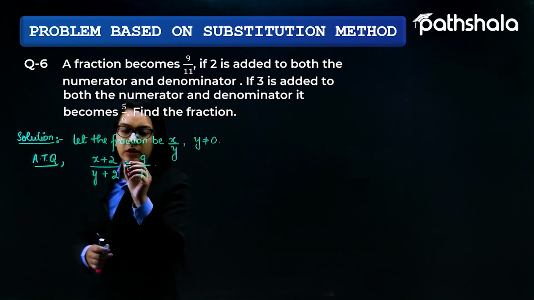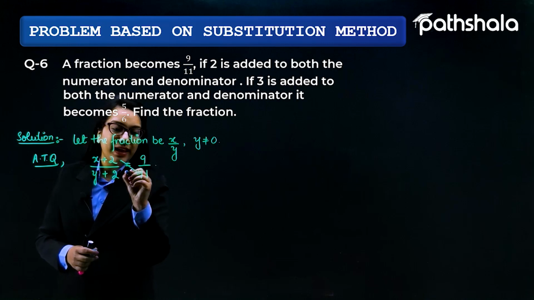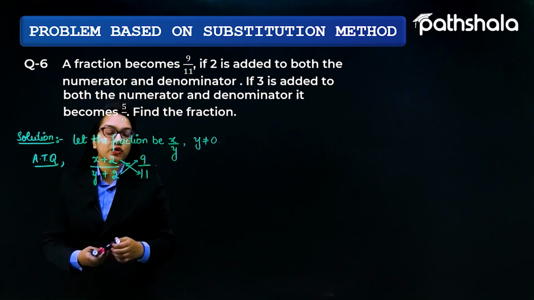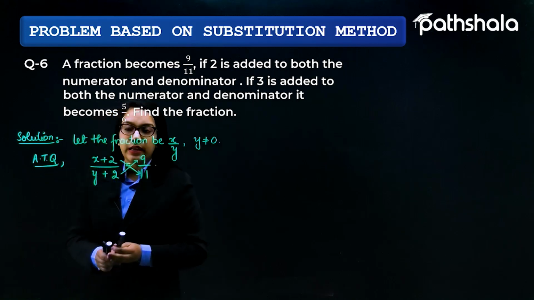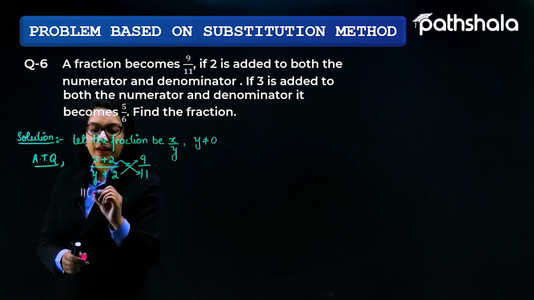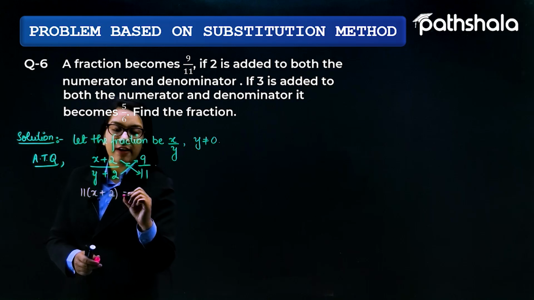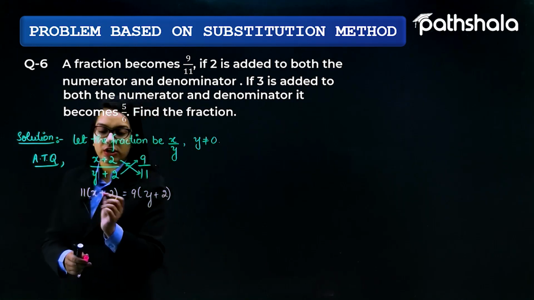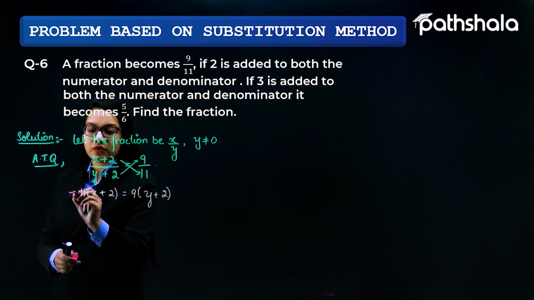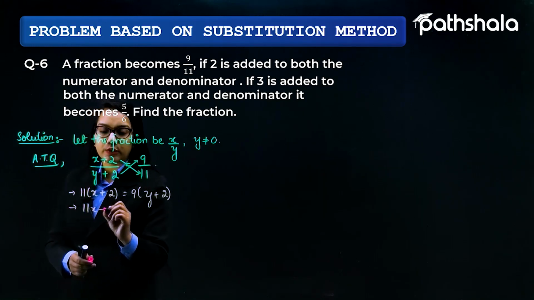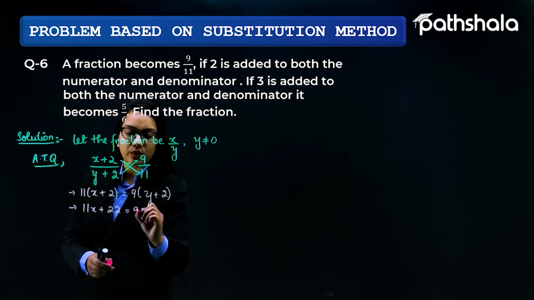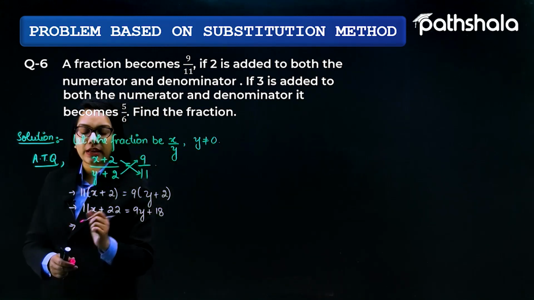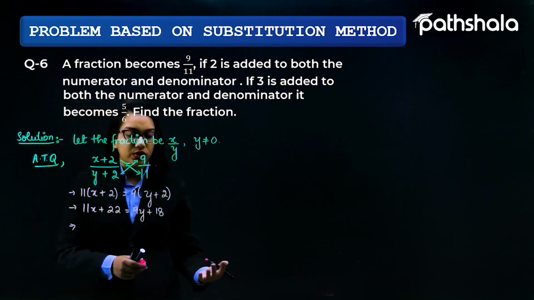Using the cross multiplication method, 11 will get multiplied with x plus 2, and 9 will get multiplied with y plus 2. So this is 11x plus 22, which is equal to 9y plus 18. Let's take the variables on one side and constants on the other.